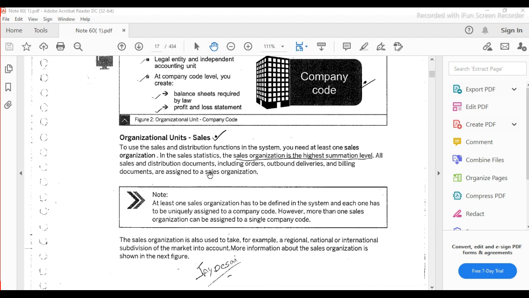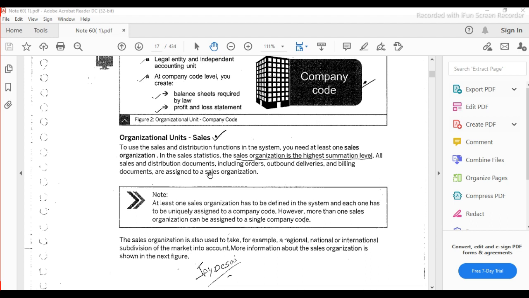Who is responsible for selling the goods and services to the customer from the company? Our sales organization team will be responsible for that, and it is the highest organization unit in sales and distribution.